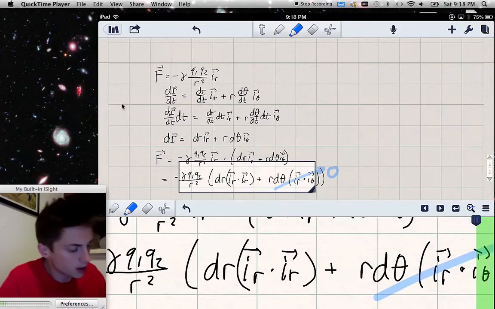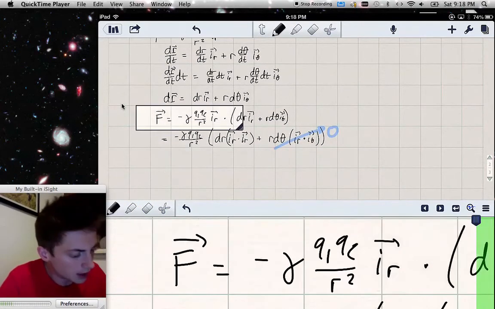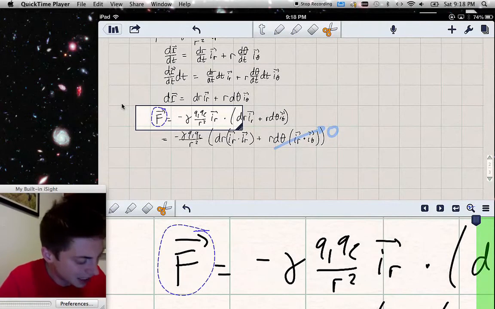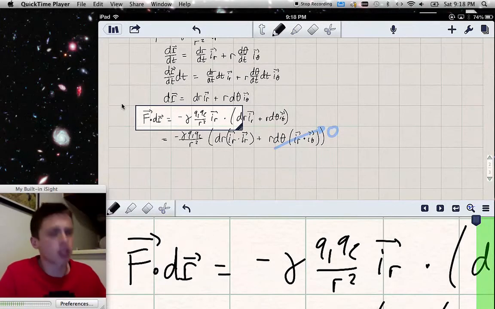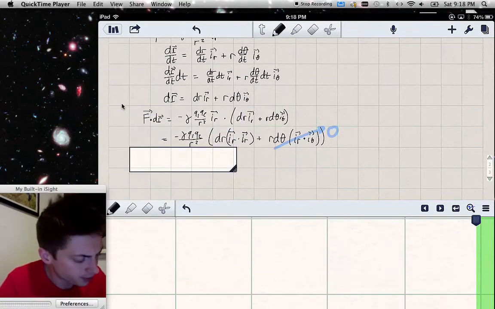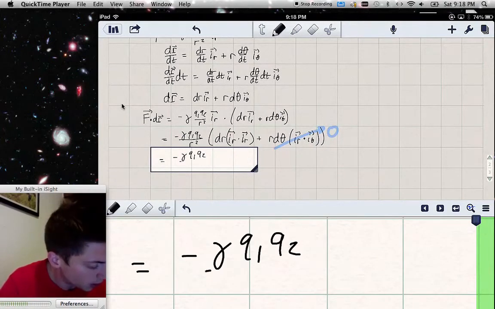All that matters is this term, and i_r dot i_r is 1. So, F dot dr, sorry, mistake, this should say F dot dr. I apologize, that must have been extremely confusing. Okay. F dot dr is equal to negative gamma q1 q2 all divided by r squared dr.